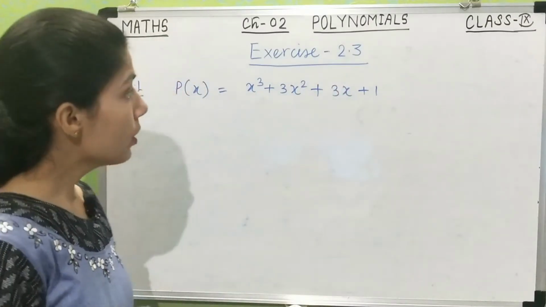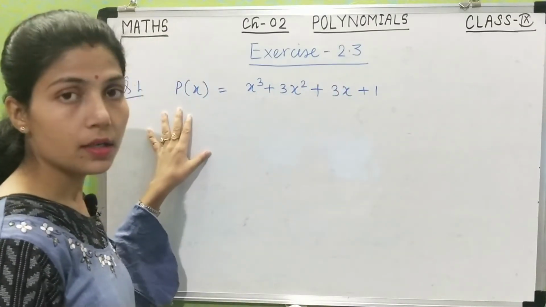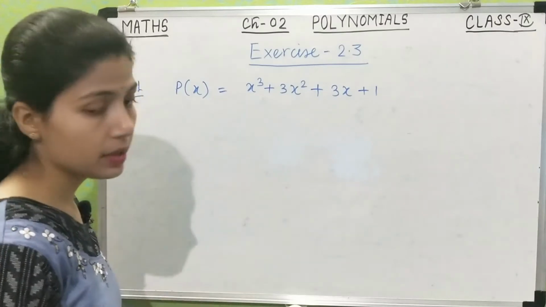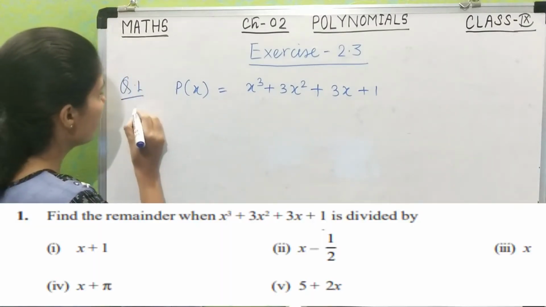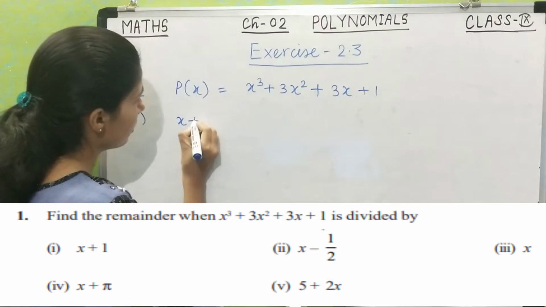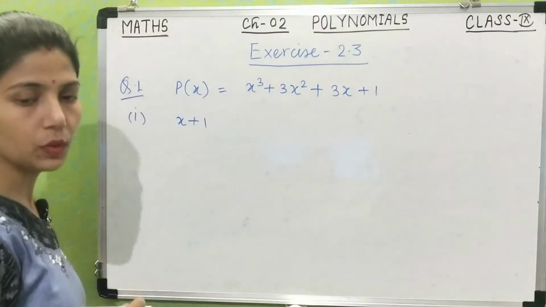Now you have to find the remainder when this polynomial is divided by the first part, x plus 1.